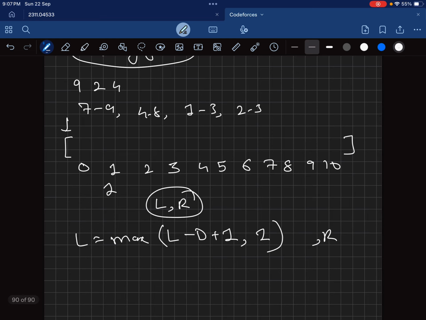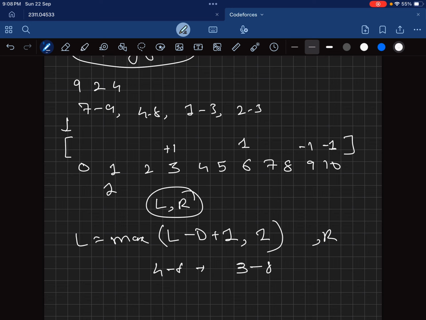So in this case 7 will become 6, so we'll increase 6 by 1, and at R plus 1 we'll decrease by 1, so we'll have minus 1 over here. Similarly 4 to 8 will be converted to 3 to 8, so we'll get plus 1 at 3 and minus 1 at 9.